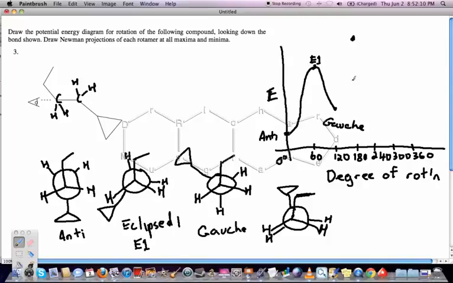And this is now 180 degrees from where we started. And you can see that because we started down here and now it's moved all the way around to up here. So it's moved 180 degrees from where it was. And that's my eclipsed 2, or I'm just going to call that E2. I'll just put it up here.